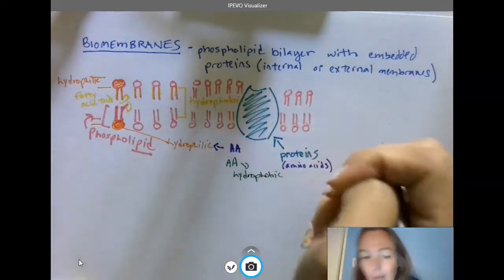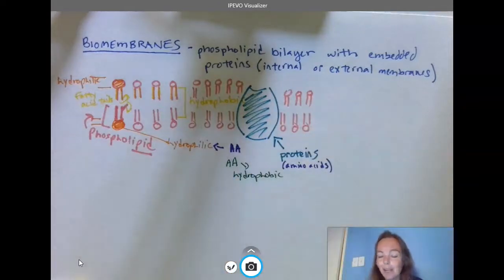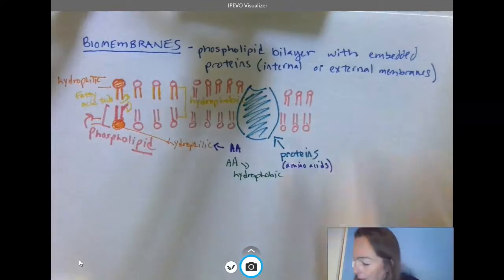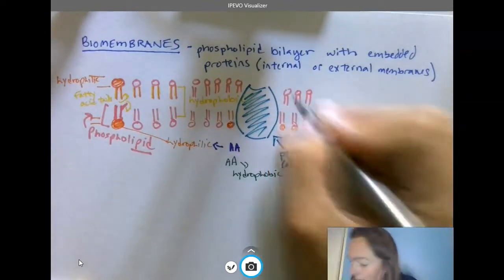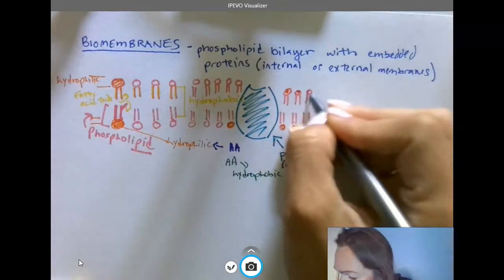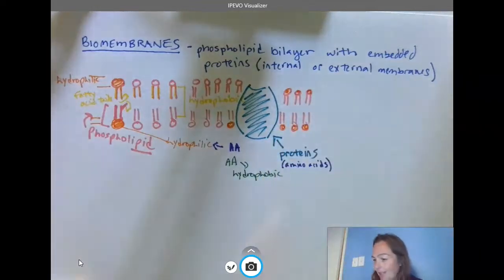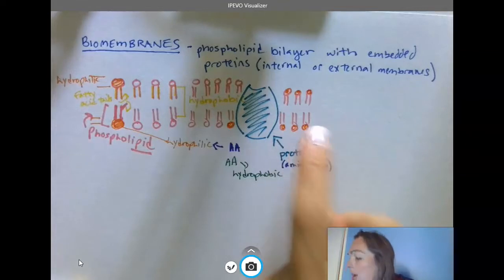So the only way a protein can fit into the cell membrane is if it matches the phospholipids around it. So if we think about it that way, we know that the phosphate heads are hydrophilic. They like to be near water. That means that they might be polar.